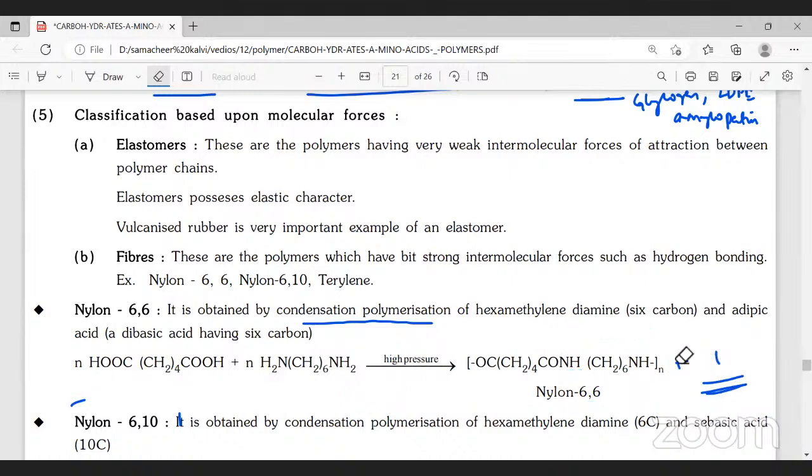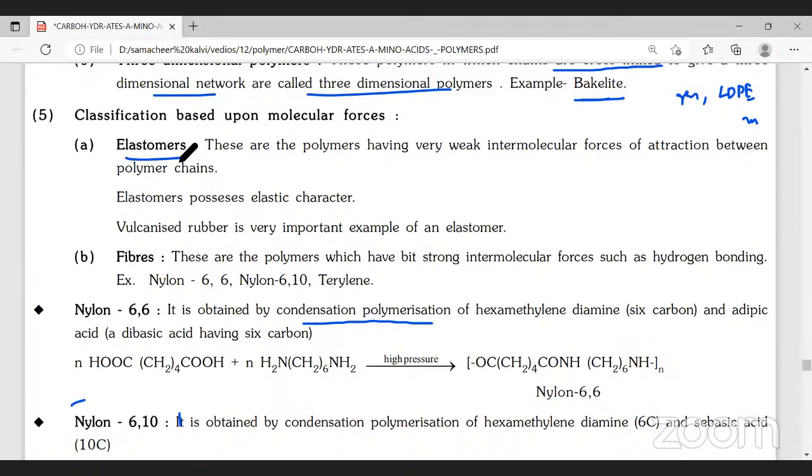Polymers, let's see. Now, based on the molecular forces, they are classified as elastomers. What are these elastomers? Polymers in which intermolecular forces between the chains are weakest, with few crosslinks that contribute elastic property, are called elastomers.